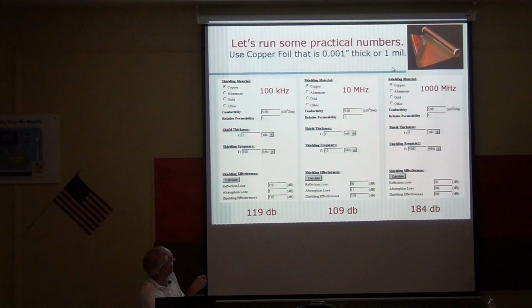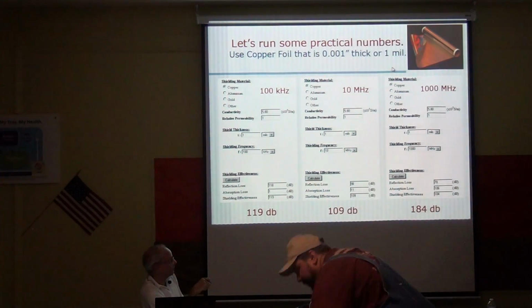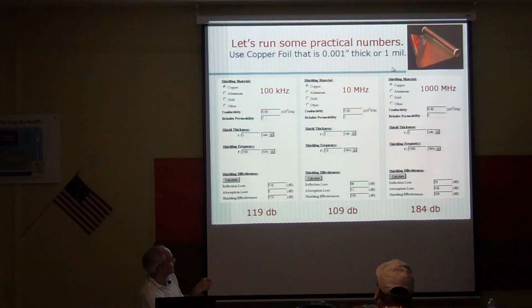So then we have to say, well, how thick is it? We put in 1 mil for the foil in all 3 cases. Then for the frequency, we put in 100 kilohertz as one run, 10 megahertz as another run, and 1,000 megahertz as the other.